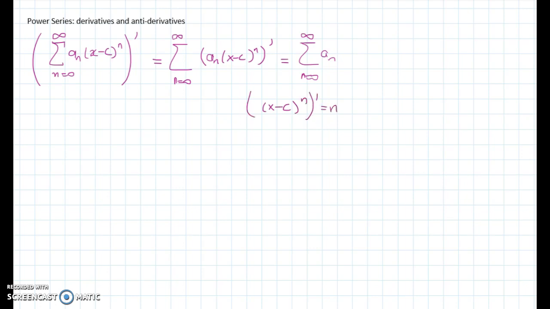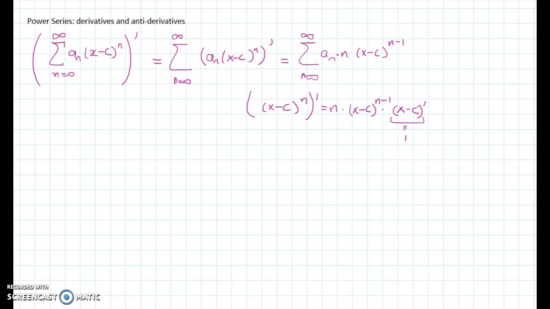So there's going to be n multiplying, and we're going to have (x - c) to the power of n minus 1. Well, theoretically, we should also write (x - c) prime, but that's just 1, so we don't need to write this. So going back here to the derivative, we have n times (x - c) to the power of n minus 1.